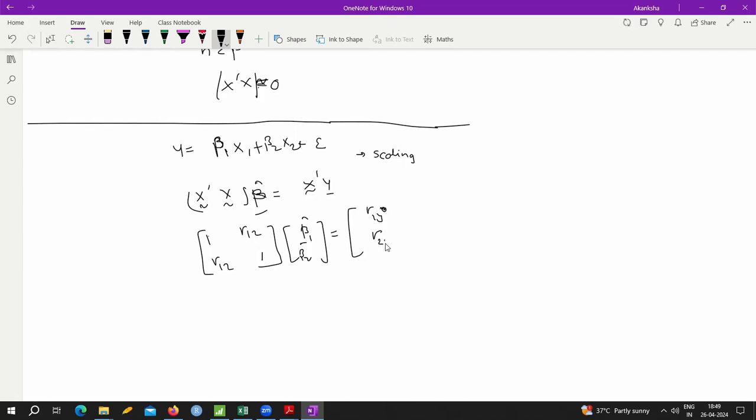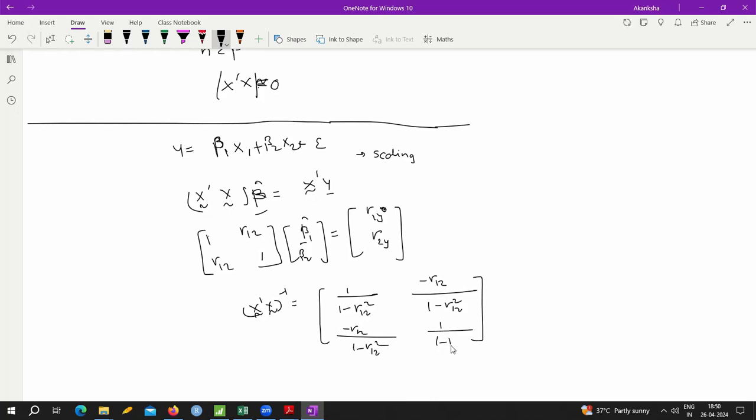Now when I compute X prime X inverse, what do I get? If we use the determinant and the adjoint, we will get 1 upon 1 minus r12 square, minus r12 upon 1 minus r12 square, then the same entry here because it's a symmetric matrix, and 1 upon 1 minus r12 square.